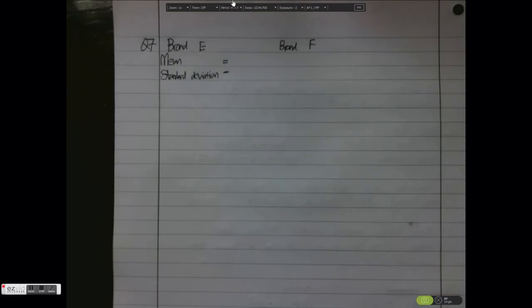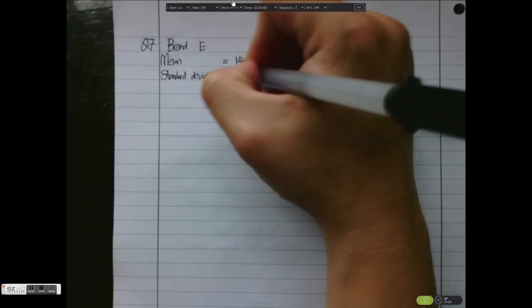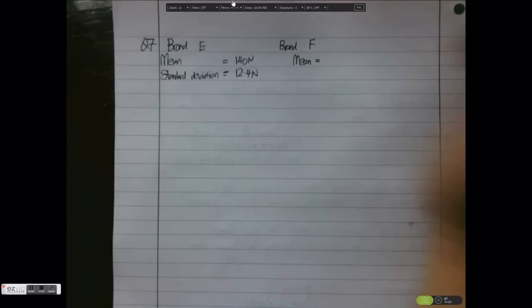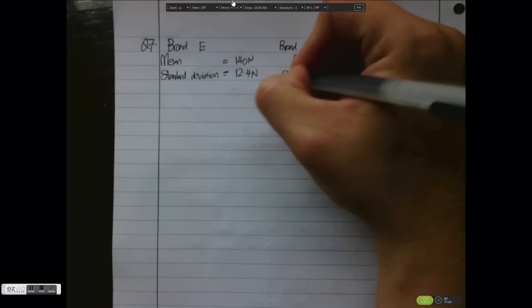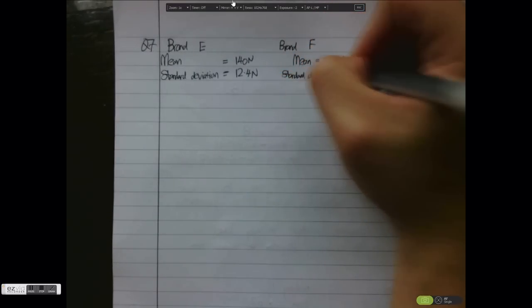The SD is 12.4 newtons for brand E. For brand F, the mean is equal to 149 newtons, and the standard deviation is equal to 11.3 newtons.